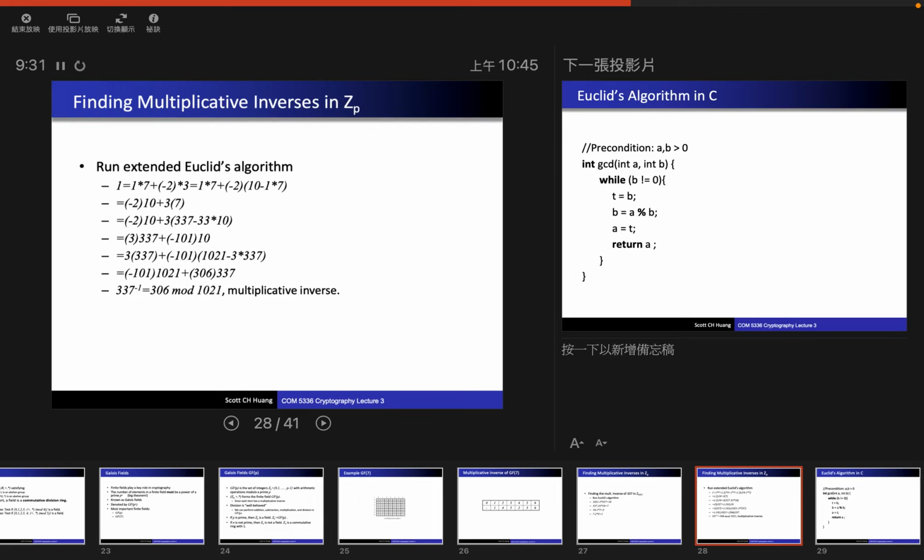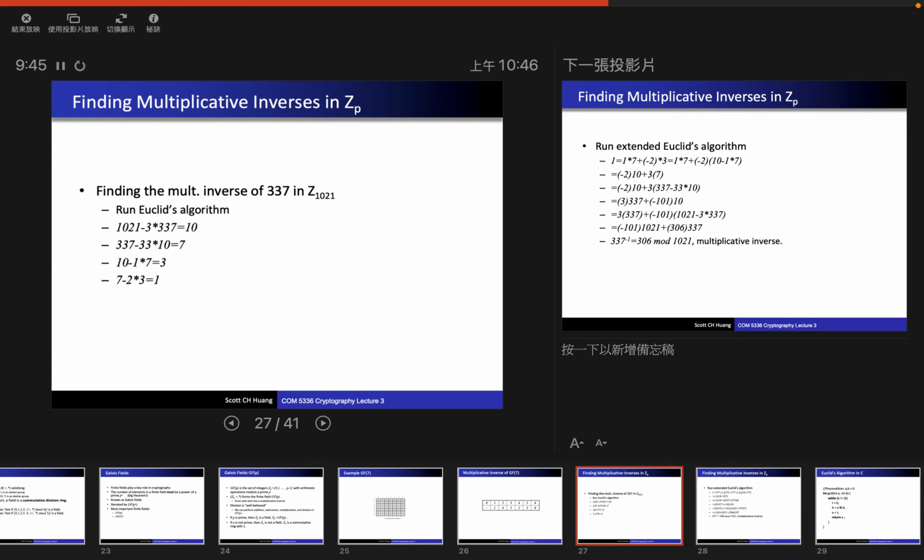So if we look at these calculations from a more general point of view, we can see that as long as we get this 1, okay, then we can do all these things. Actually, even though the GCD of the two numbers is not 1, we can do the same calculation. But if it's not 1, for example 3, and then we do lots of backward substitution, right?